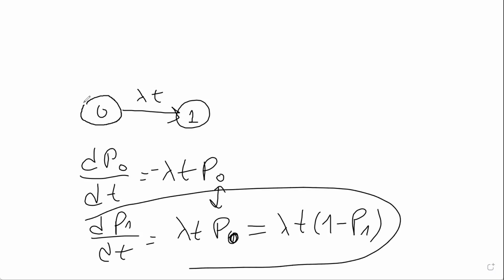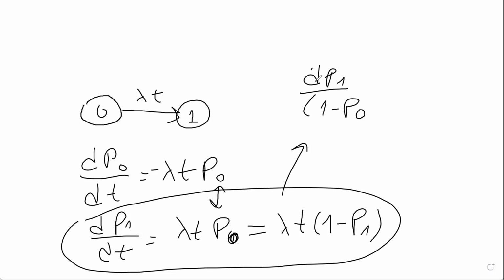And I can solve this equation using traditional methods for solving differential equations. It's going to be lambda t times dt. And the solution of this, I can integrate from both sides.